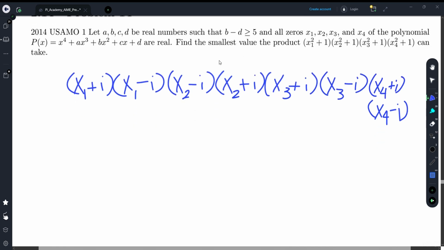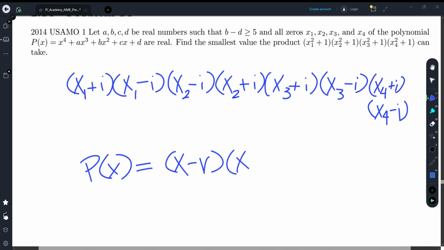And if you notice, all of our solutions are in the form x minus r. And you can see that the polynomial is just equal to x minus r times x minus s times etc.